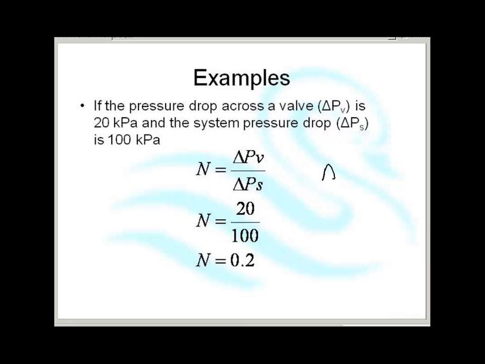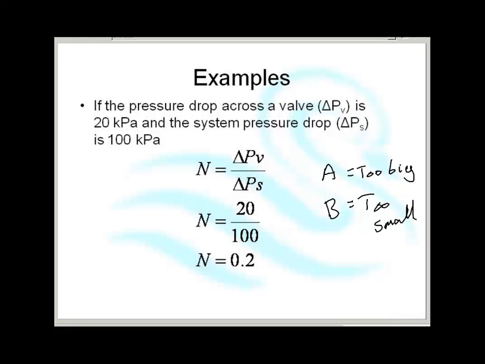Okay, I'm going to need you to make some choices. So I've got A equals too big, B equals too small. So with this valve, I'm only dropping 20 kPa across the valve.